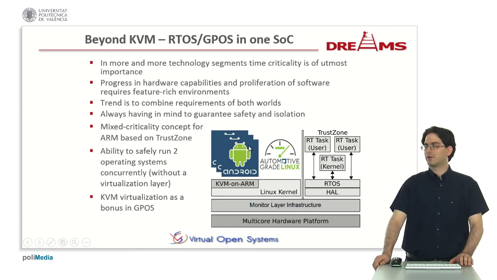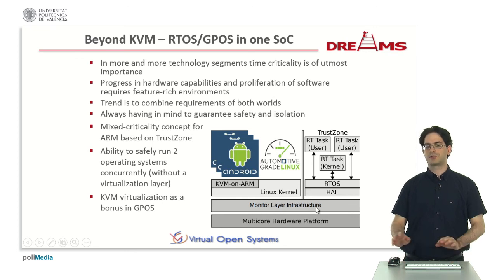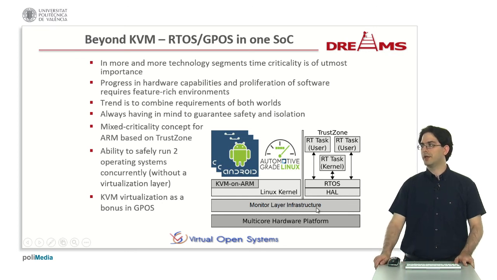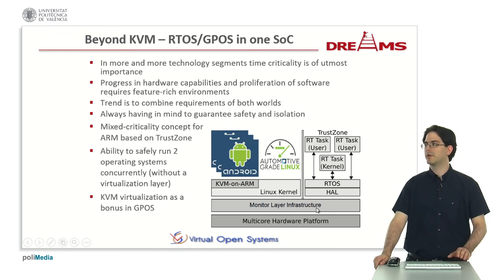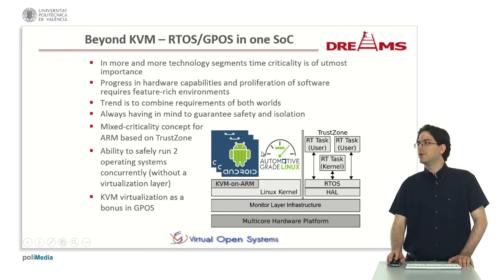So what this offers is that your real-time operating system runs natively. There's no virtualization layer. The same applies for Linux. You split the resources apart through the monitor layer infrastructure, and each world speaks to its own peripheral devices, completely isolated without having to interact with the other world.